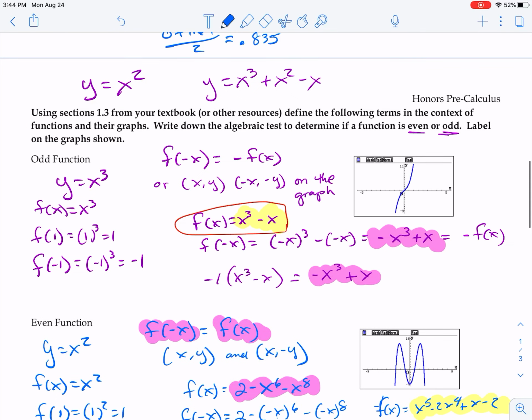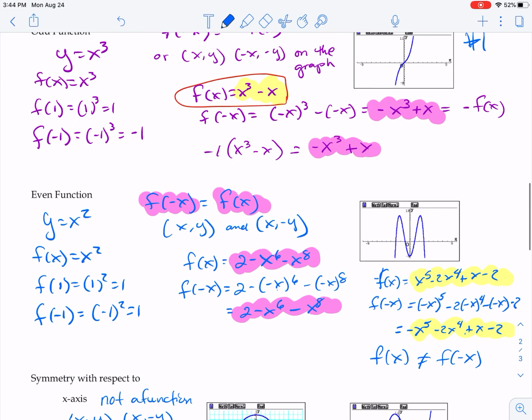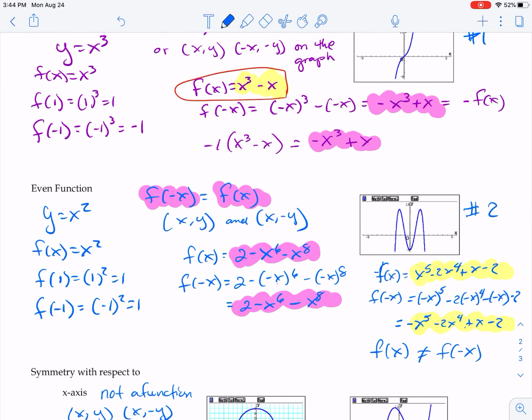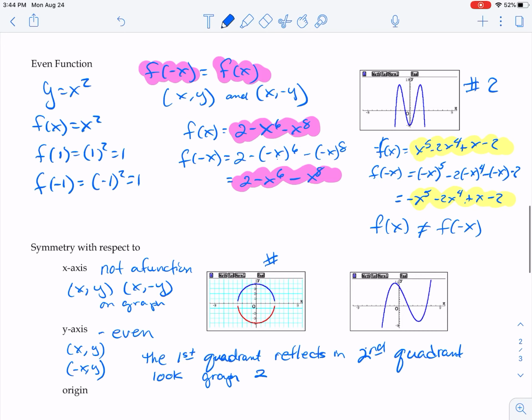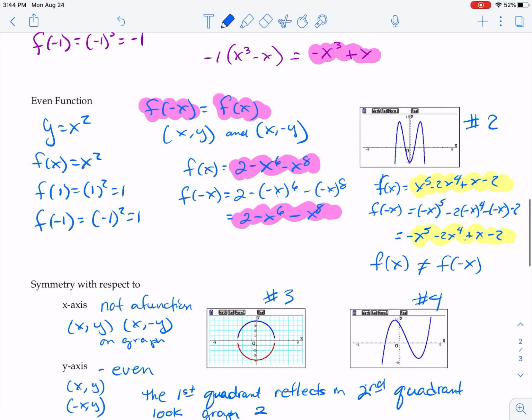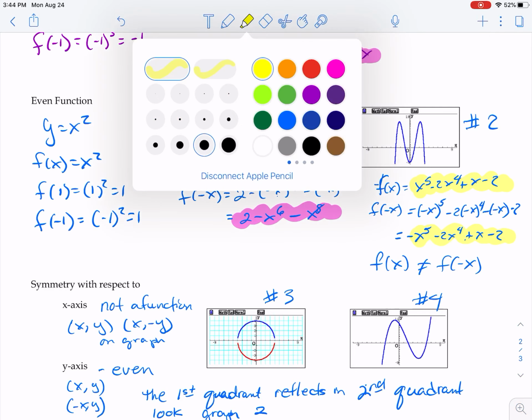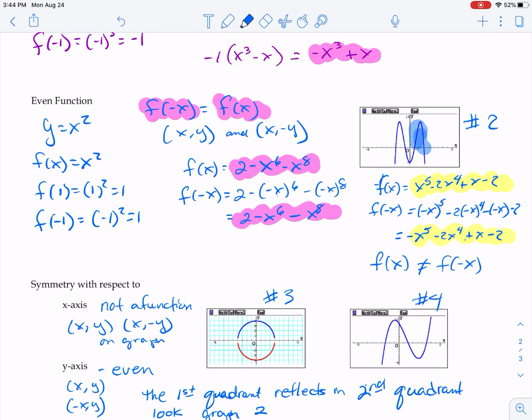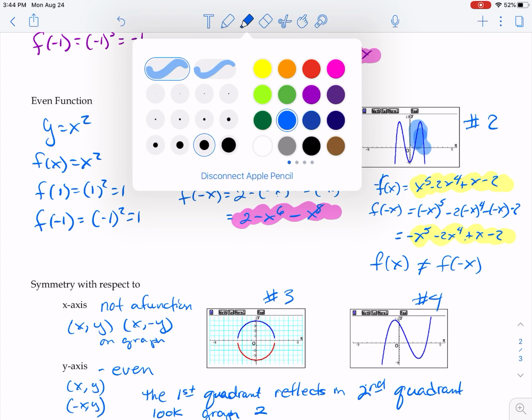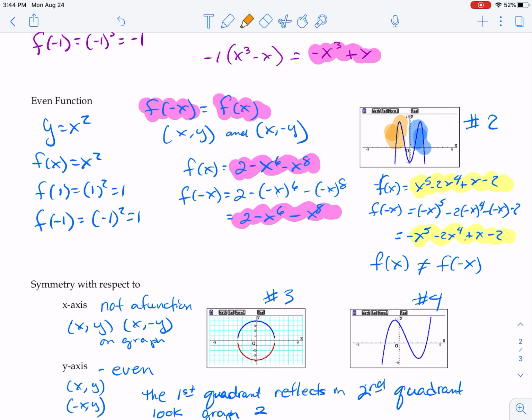Okay, this is number 1. This is number 2, number 3, number 4. If we go back to number 2, you'll notice this quadrant reflects in this quadrant. Okay?